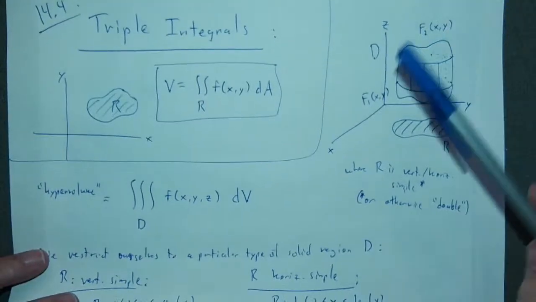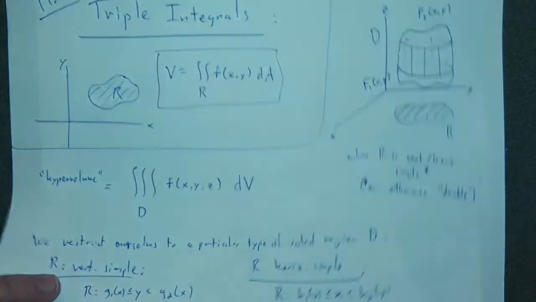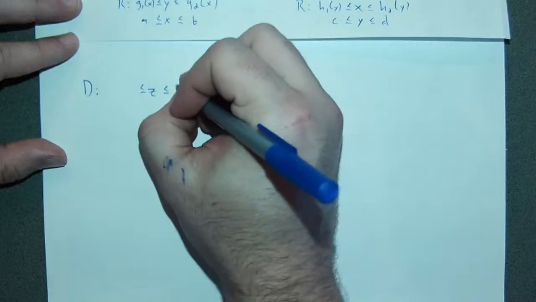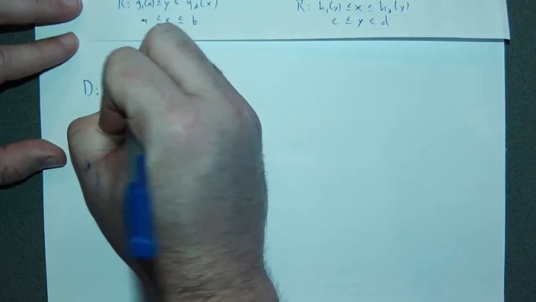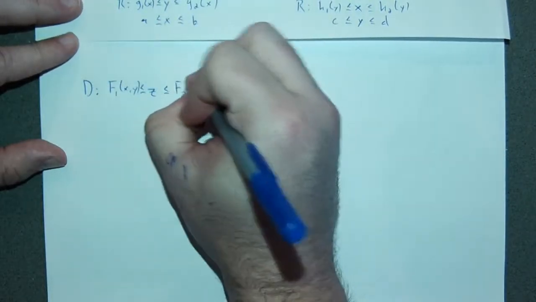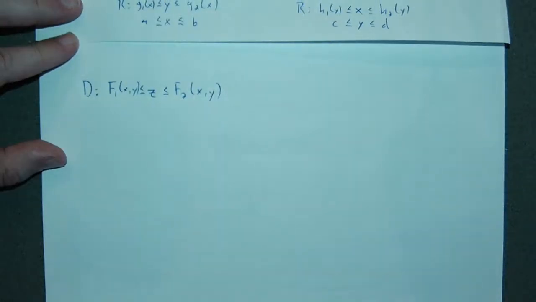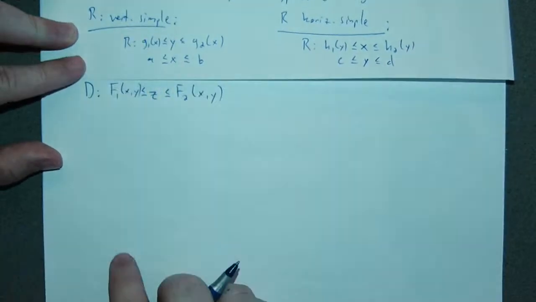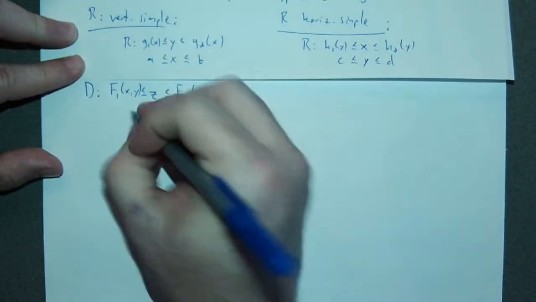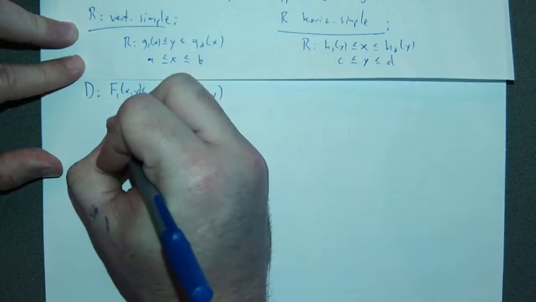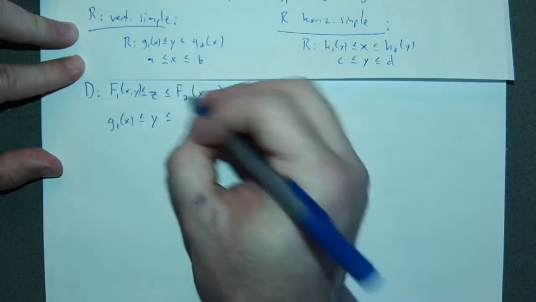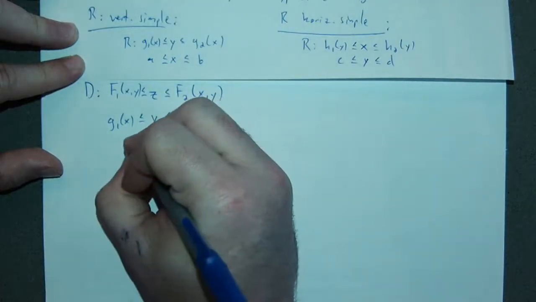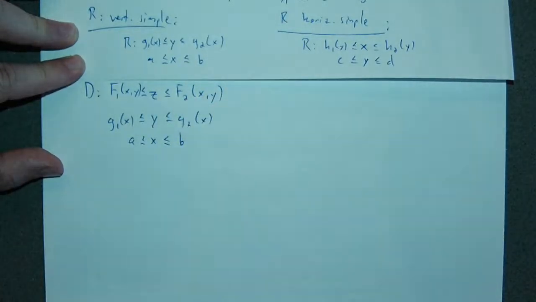So D is the solid region such that z is bounded between big F sub 1 of x, y and big F sub 2 of x, y. And if R is vertically simple, then we would say that y is bounded between two functions g sub 1 of x and g sub 2 of x, and x is bounded between a and b.